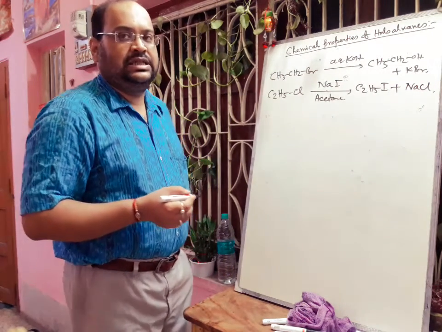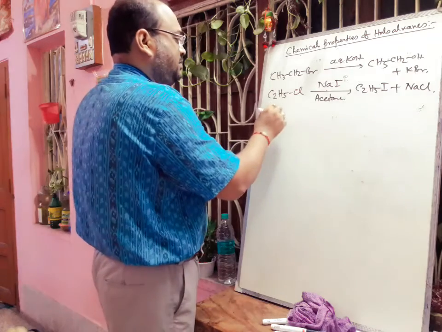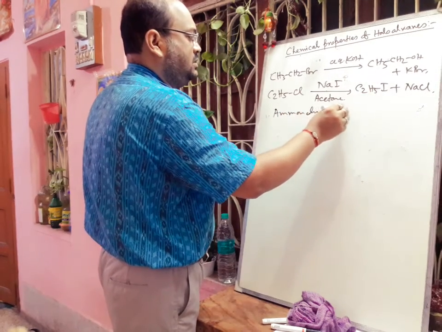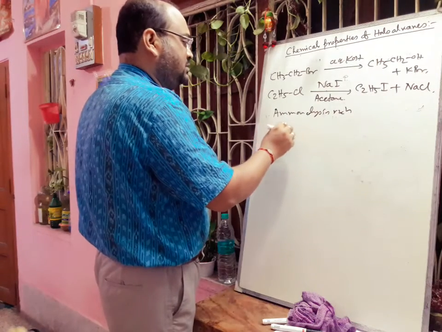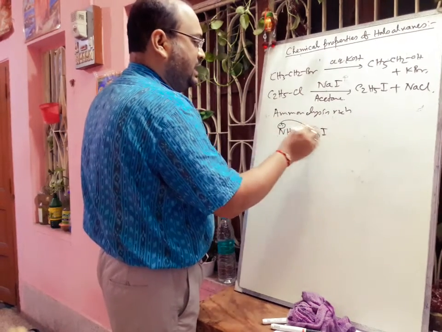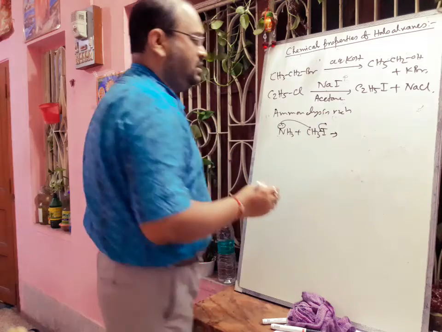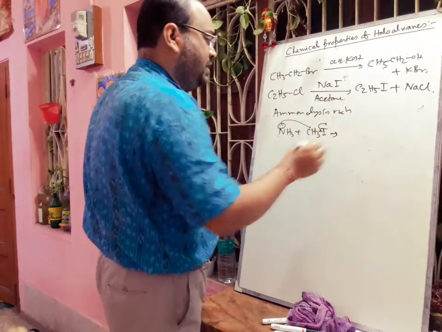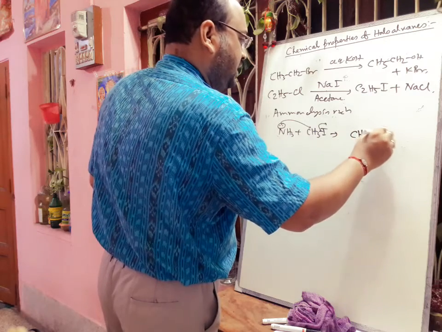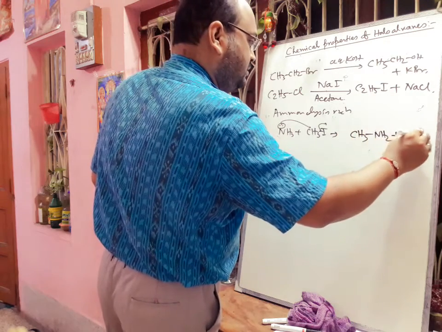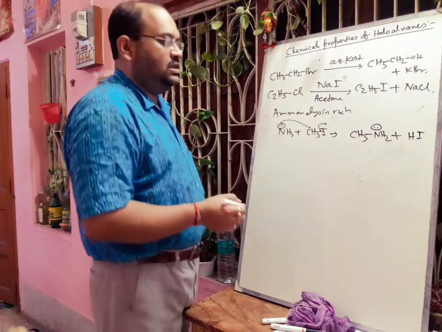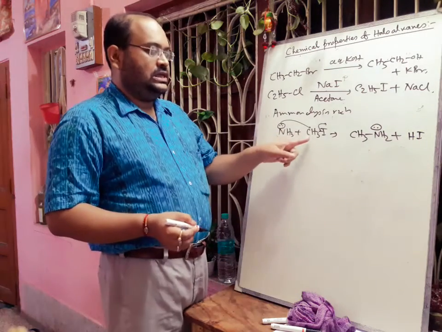Next, we will discuss the ammonolysis reaction. If you take any amine, take methyl iodide, then this amine will attack here and the carbon iodine bond will break and we will get CH3 methylamine plus HI. So the reaction will not stop here because the lone pair is available to attack another methyl iodide.